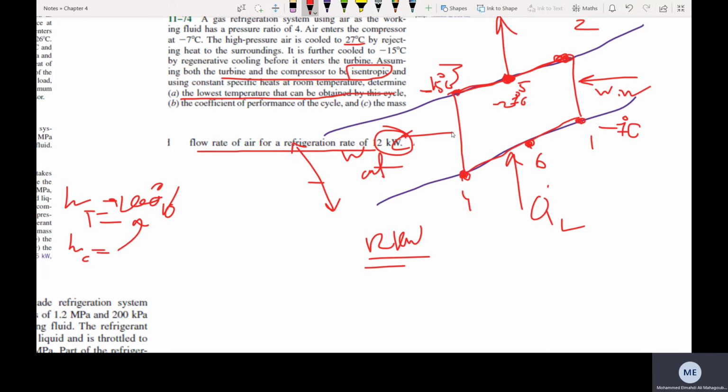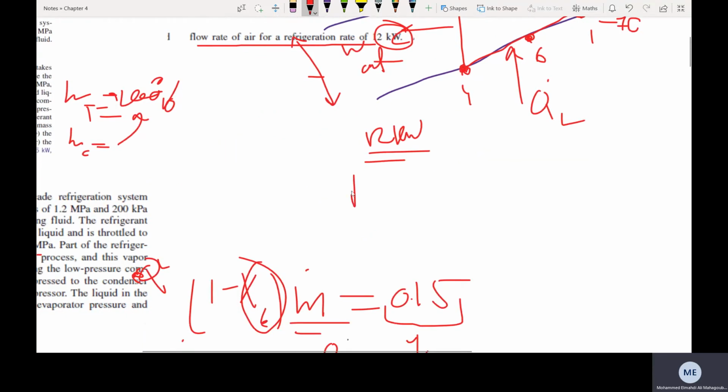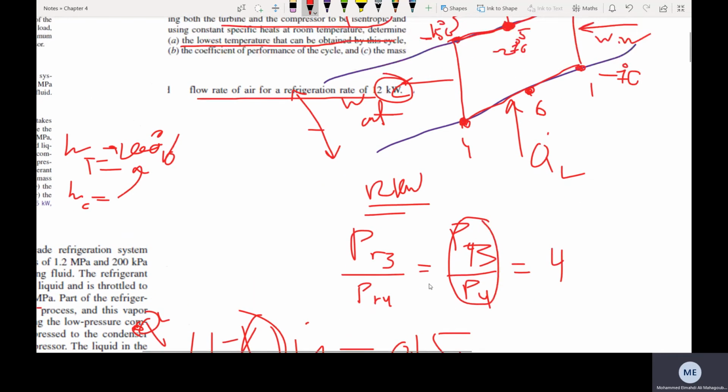So at first I need to put the relative pressure of 3 over the relative pressure of 4, which is equal to the pressure of 3 over the pressure of 4. I have this ratio. What is this ratio? This ratio is 4.